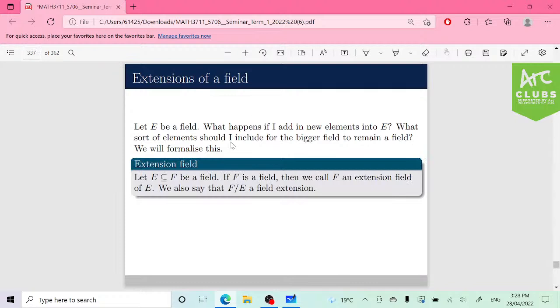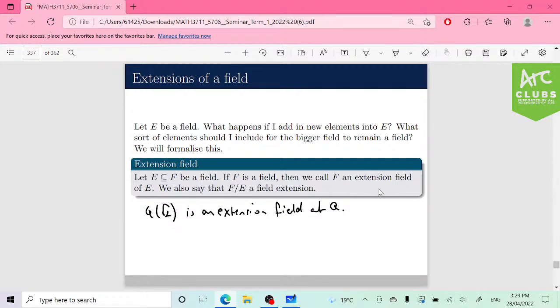Okay, so let's look at the formal definition of an extension. So let's consider E to be a field, and E is contained inside F. So if F is a field, then we call F an extension field of E. So in the same way, Q adjoin square root of 2 is an extension field of Q. And we also say that the quotient, F over E, is a field extension.